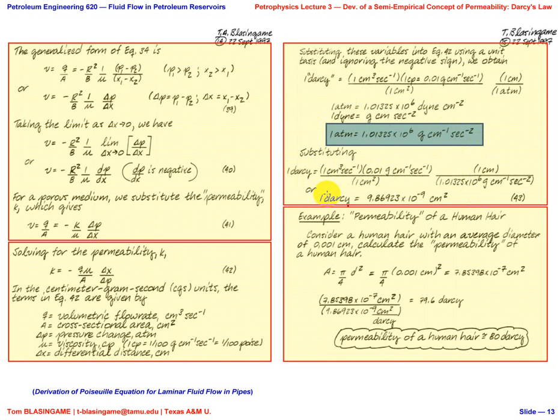So substituting everything into this, 1 Darcy would be defined as 9.86923 times 10 to the minus 9 centimeters squared. Well, how big is that? All right. So let's take the average human hair, which is 1/1000th of a centimeter, and we'll assume we're not talking about the permeability of a hair.